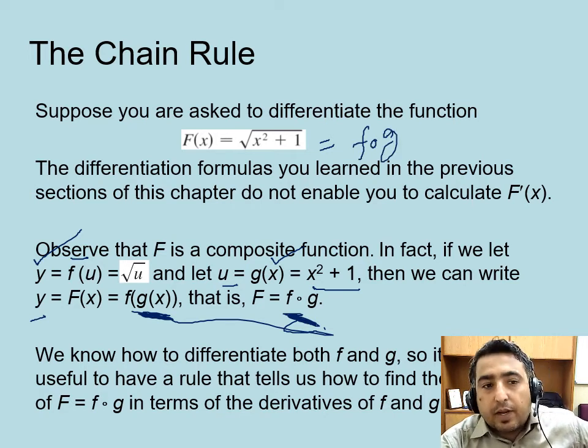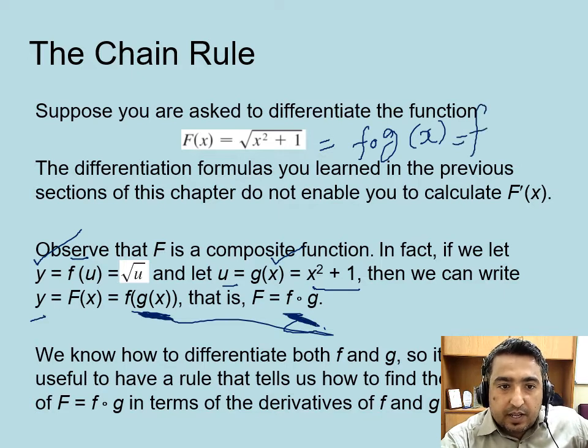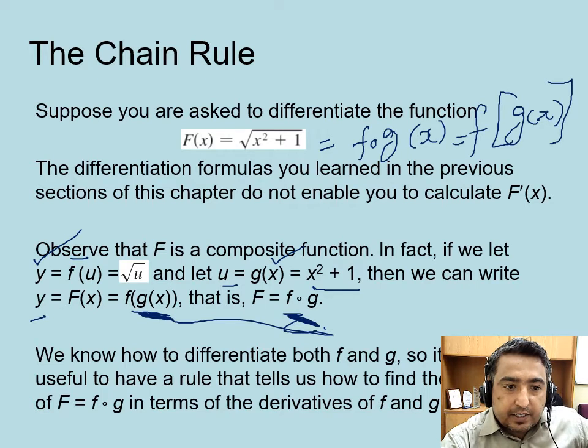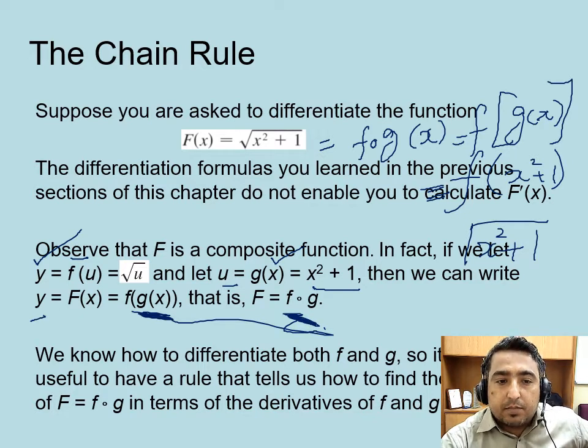First you apply g and then you apply f. It means if you apply g on x, and g is x squared plus 1, you apply x squared plus 1 and then f, and f is the square root of your given input. In the end, you get the same as this capital F.